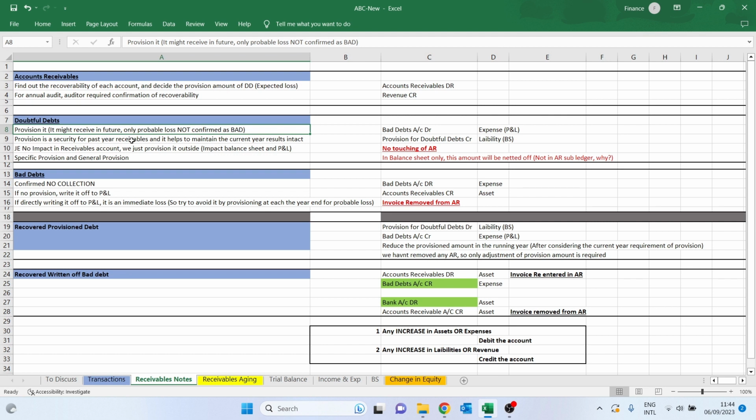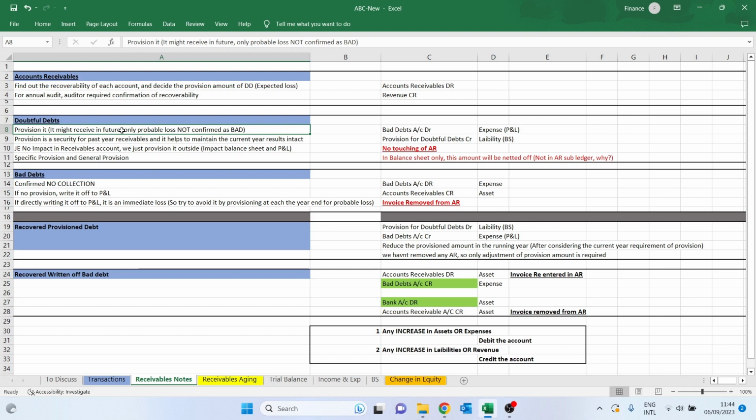That doubtful amount is a loss in the current year. But if we receive it after 31st December, for example in January or February, we will reverse that amount back into the revenue. In the current year it is a loss, so we need to book a loss and make a provision.